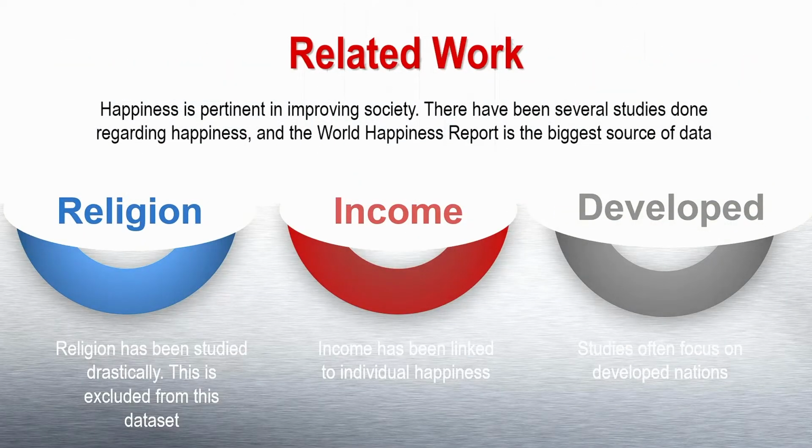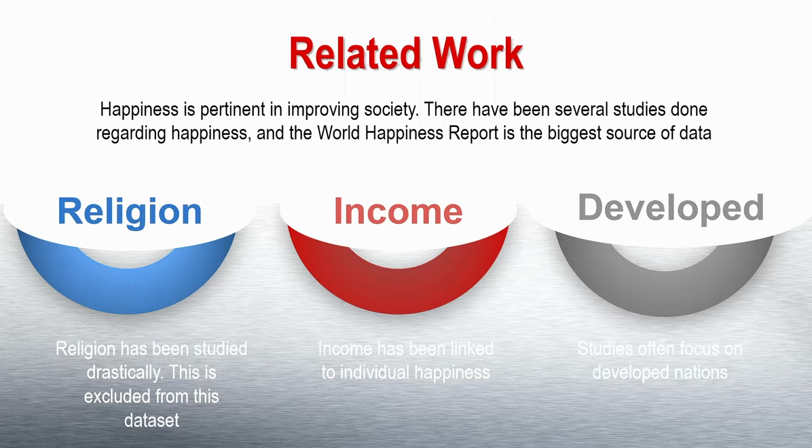So, as I discussed earlier, there is some related work that already exists out there, and happiness is pertinent in improving society. There have been several studies done regarding happiness, and the World Happiness Report is the biggest source for that data. A couple of the popular reports out there have been studies on religion, and how that is related to happiness.